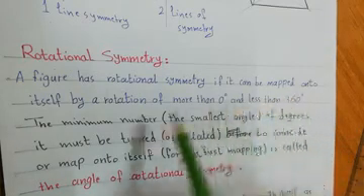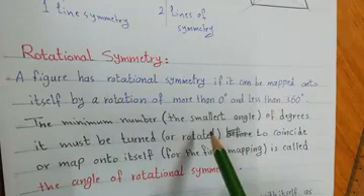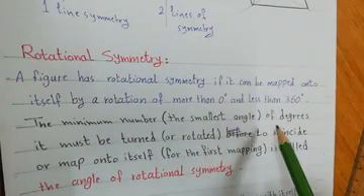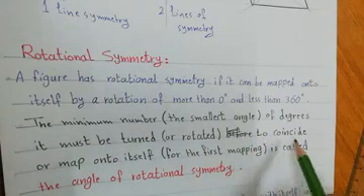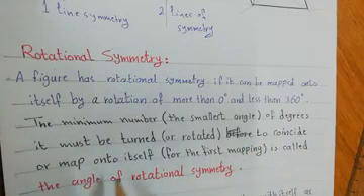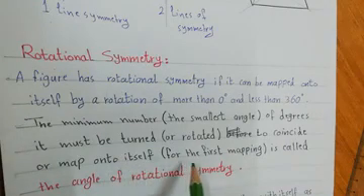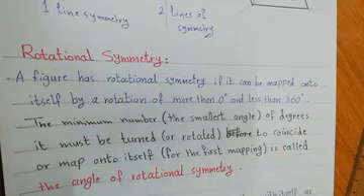The smallest angle it must be rotated to coincide or fit onto itself is called the angle of rotational symmetry.